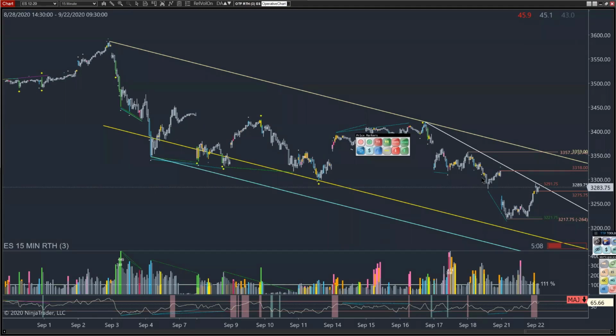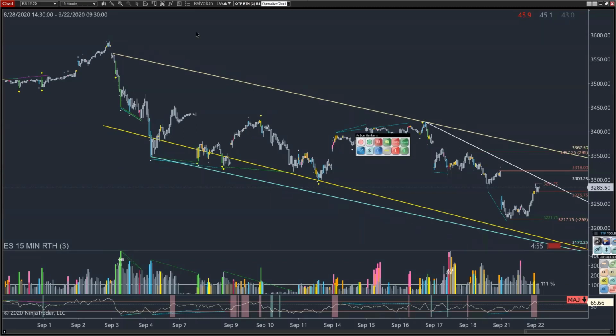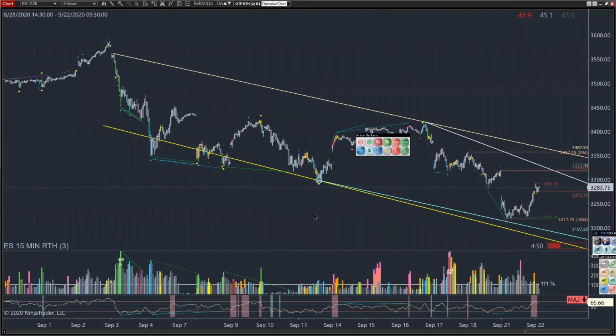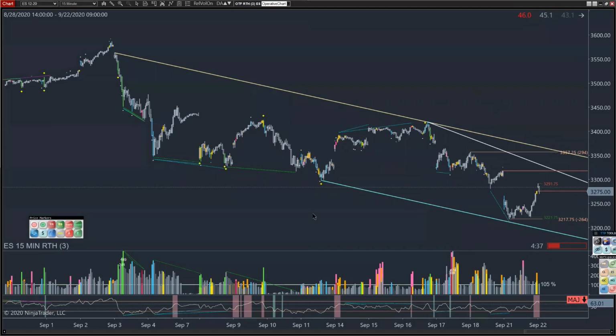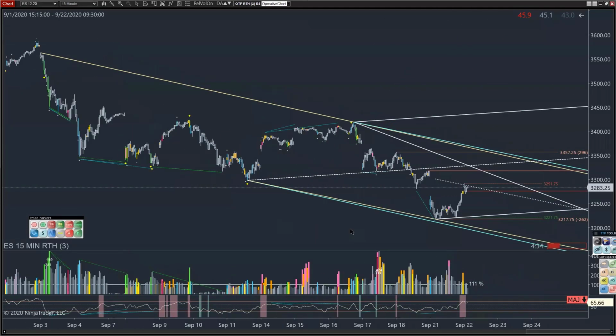So, I do think we have at least one more wave down. Yeah. It's that midline too.